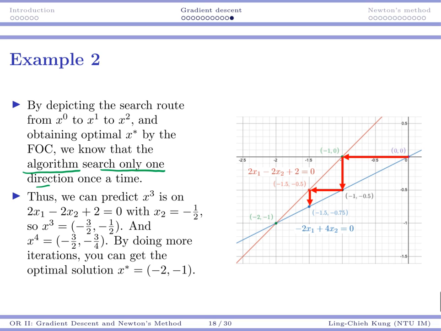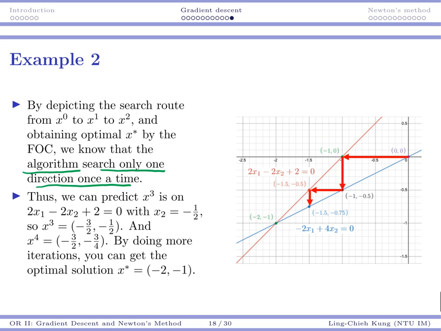So pretty much we know that what our algorithm is doing is to search only one direction at a time. Why do we know that? Because every time we are doing the gradient step, for each of the gradients, here, here, or here, one of the elements must be 0. So that means you either go in this direction, or that direction, or that direction.